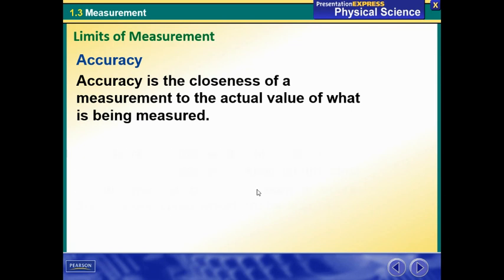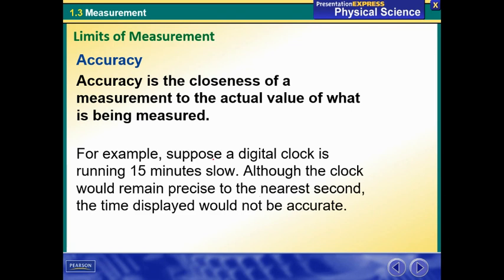For example, we said that the digital clock was very precise because it measures down to the second hand. But if your digital clock is actually 15 minutes slow, that means the clock, while it is still precise, is not accurate because it's not reflecting what time it actually is. So accuracy and precision are one of those definitions that I would know the difference of.